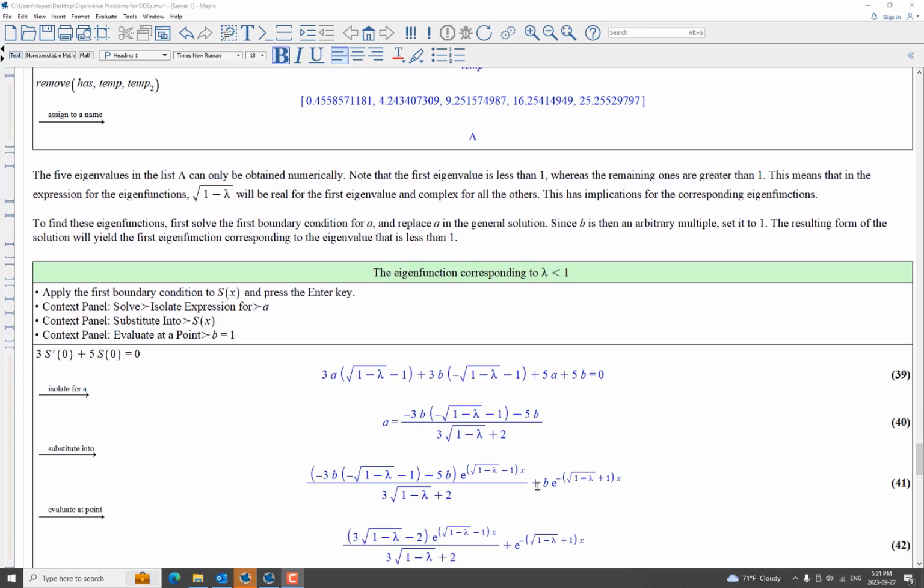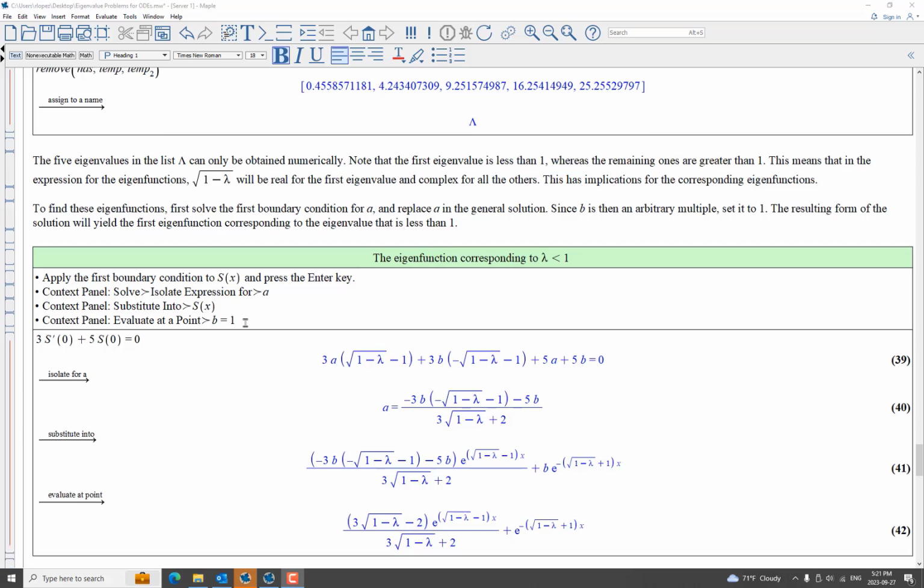And you have b here, b here, b here. The eigenfunction is determined up to an arbitrary multiple. So why don't I set b equal to 1, which is what I do here. Set b equal to 1. And this is the expression for the eigenfunction corresponding to this 0.455 when I set that to lambda.